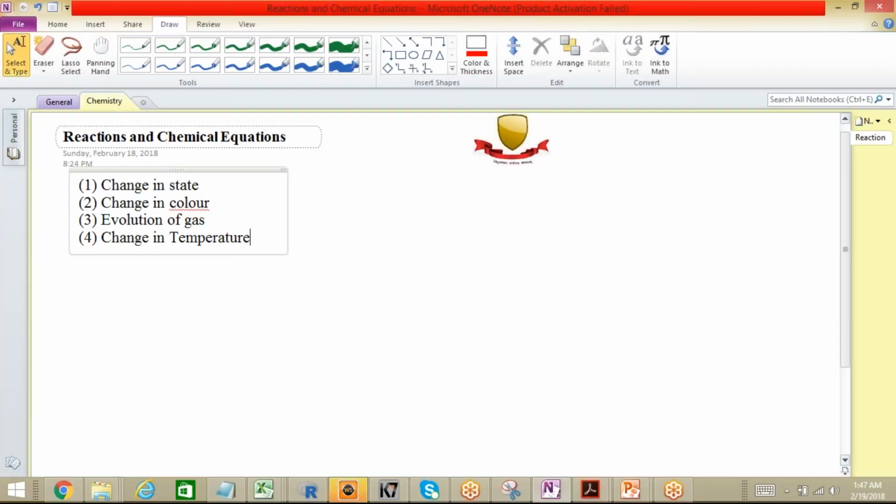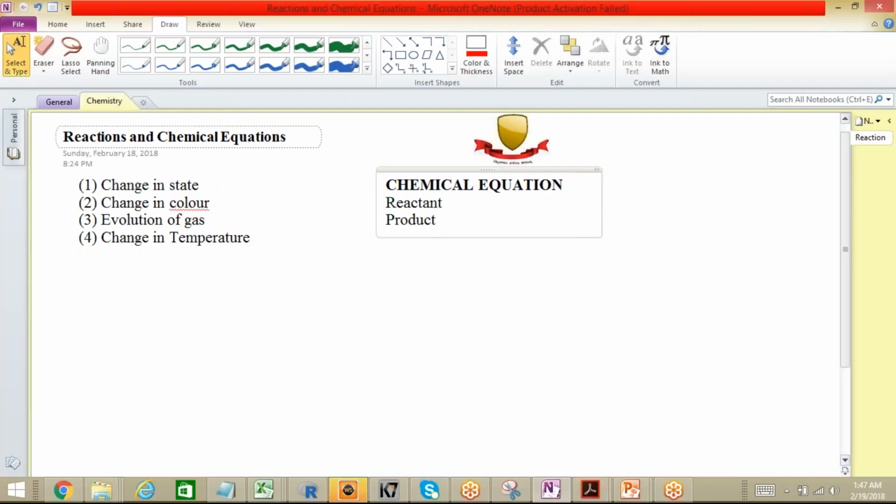This chemical equation consists of two parts. The first one is your reactant, and the second one is your product.